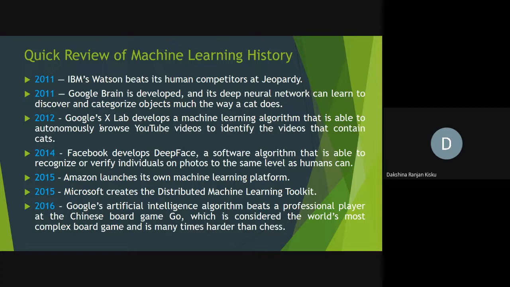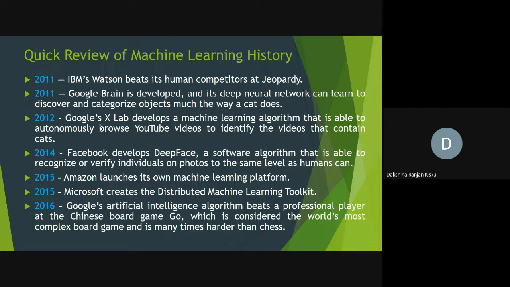In the year 2015, Amazon launches its own machine learning platform. Some of you may know that AWS was that platform based on machine learning algorithms. In the year 2015, Microsoft creates the Distributed Machine Learning Toolkit.